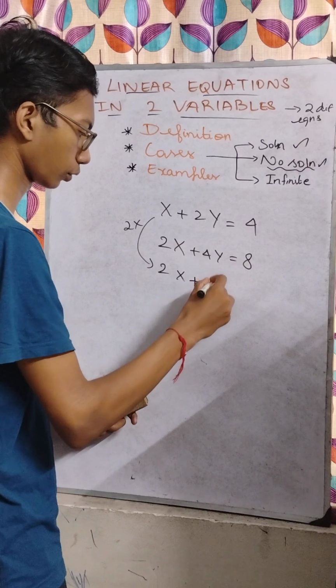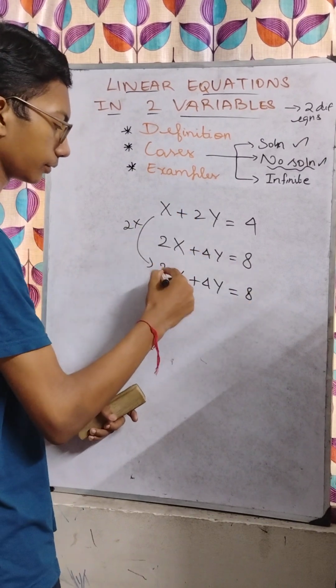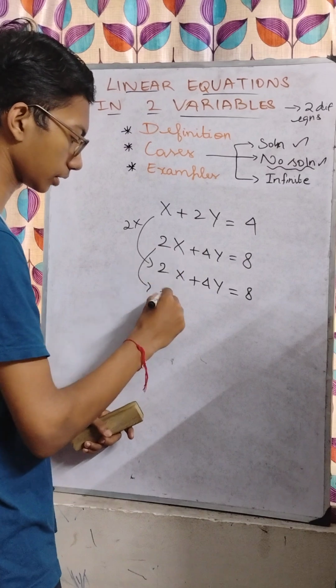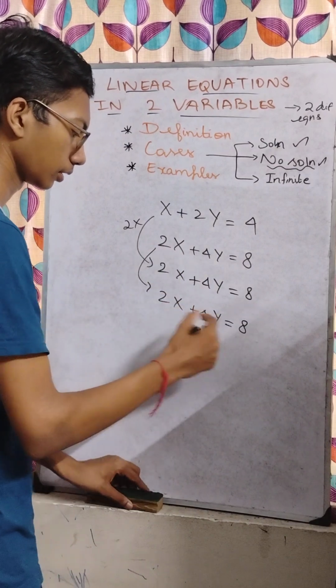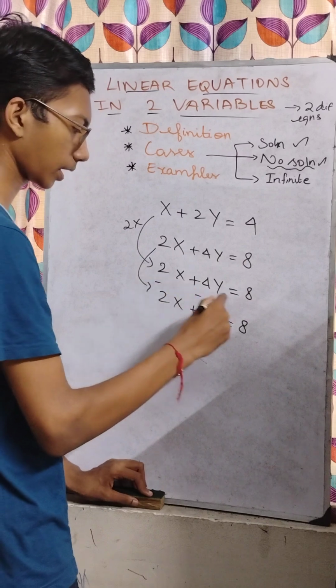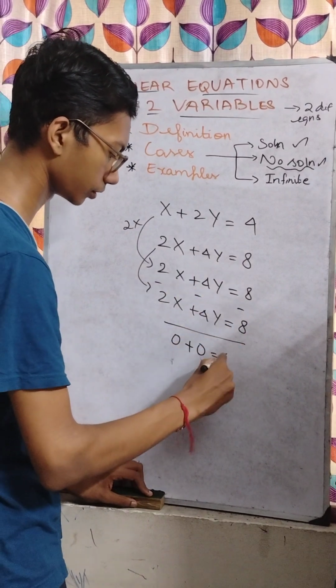2x plus 4y equals 8. So this is the equation we have when we multiplied by 2. Now the second equation we can just copy, 2x plus 4y equals 8. Now if we solve this, subtracting all the terms, we get 0 plus 0 equals 0.